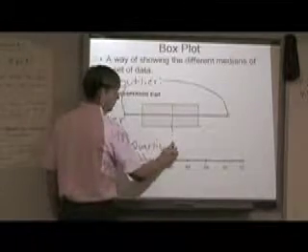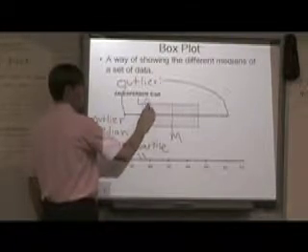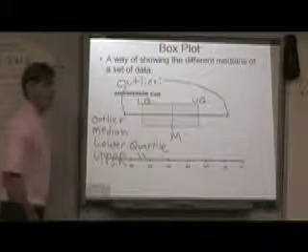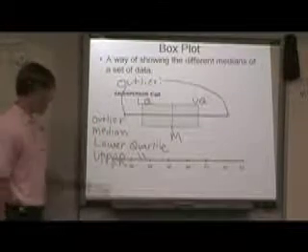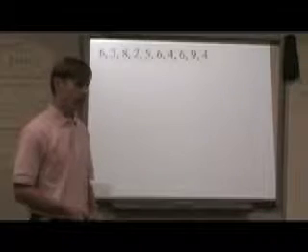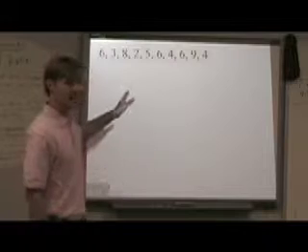This will be your median, this will be your lower quartile, and this will be your upper quartile. And you'll be done. That's all the things you need to know to be able to make a box and whisker plot.